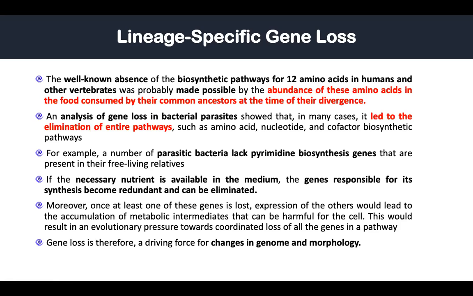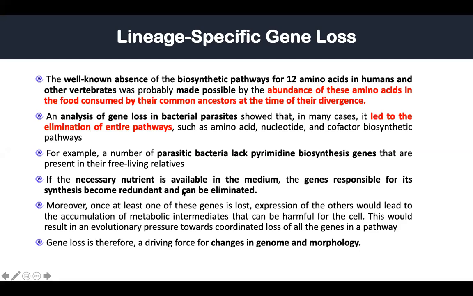Moreover, once at least one of these genes is lost, if you look at a pathway, you may have 10 different genes which are necessary to be able to create pyrimidine. You need 10 different genes which code for 10 different protein products.